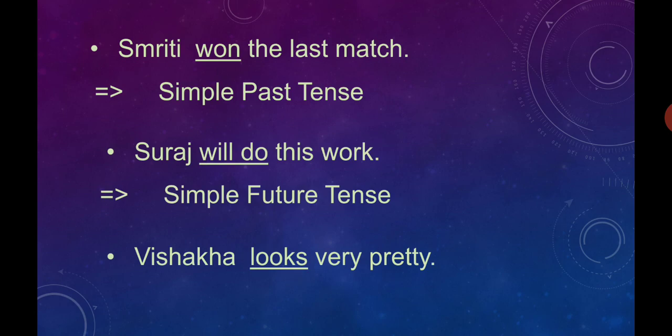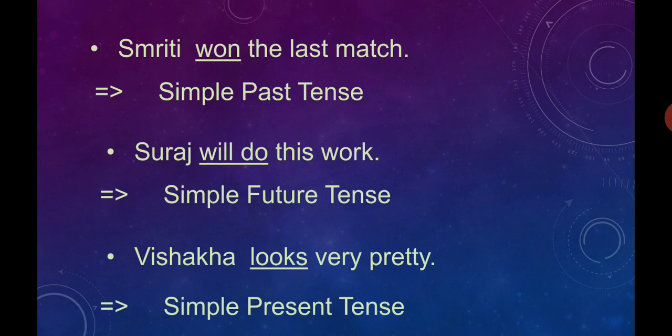What is the underlined word? Looks. What is the change with the verb? Yes, we add s with look and it becomes looks. Then think about it. In which tense do we add s or es to the verb? Yes, exactly. Simple present tense.